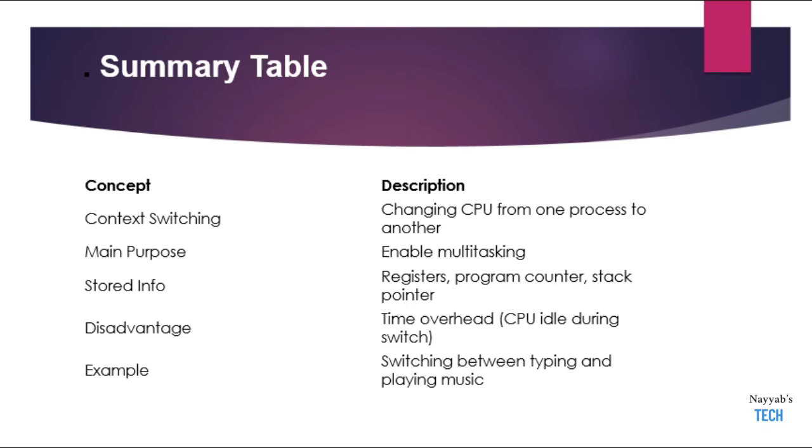An example is switching between typing and playing music. So this is a summary of context switching: why we do it, why it causes overhead, practical examples, and what data it saves during the switch.